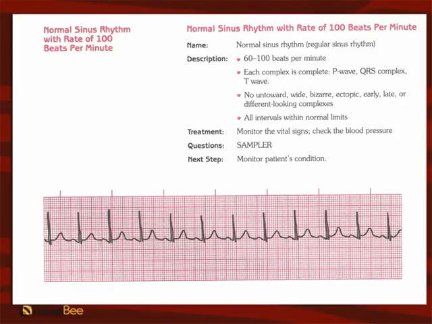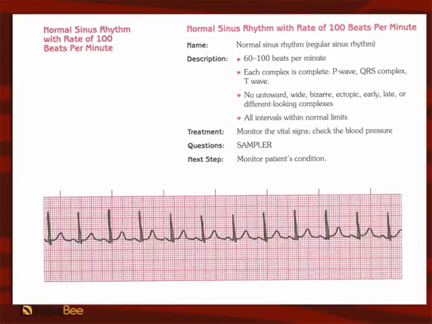Here's yet another example of normal sinus rhythm. So if you look at this EKG paper, you'll notice that it has some spikes that run off of the paper. So what you want to do is make sure that you are actually looking at 6 seconds of the paper.